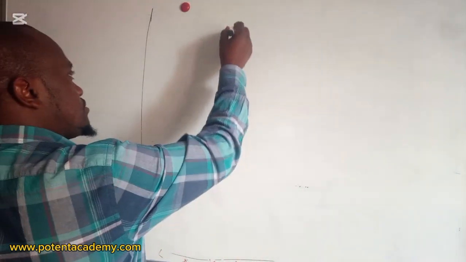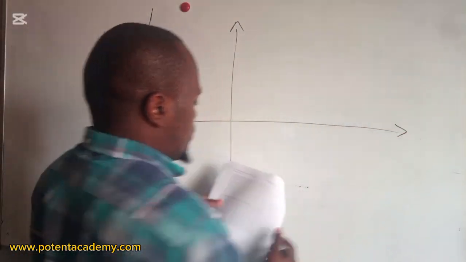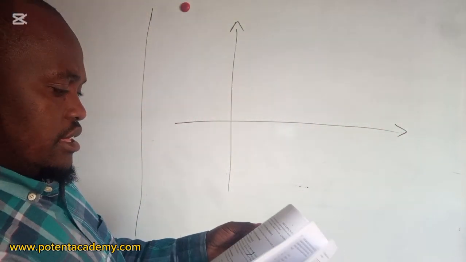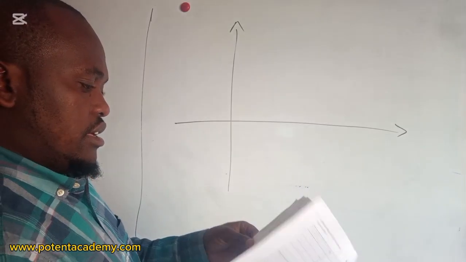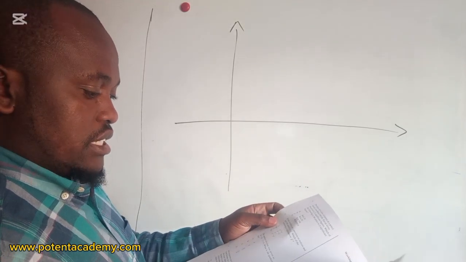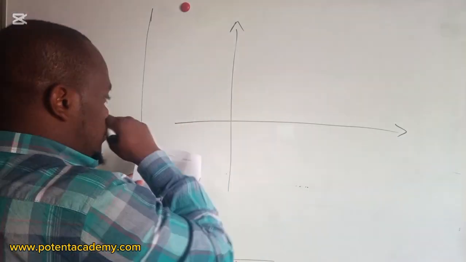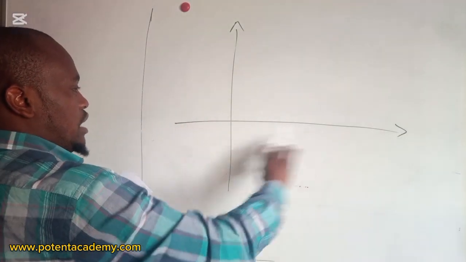So here you have point R and you are being asked for this coordinate. As I had indicated earlier in this video, when we were talking about the order of the matrix, question 8, we said we start with the x-axis.